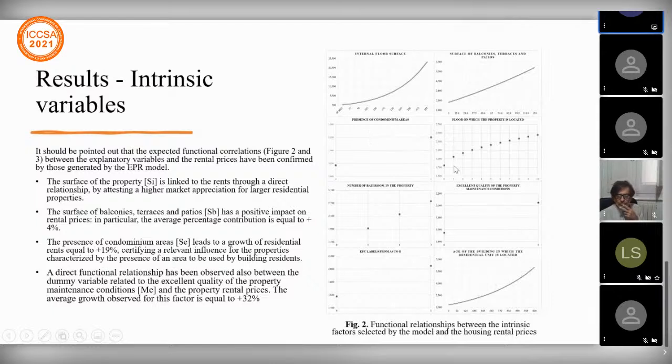There's also a direct functional linkage for the floor in which the property is located, as we expected. A particular thing that is important to highlight is that, at this moment, the maintenance status of the flat, of the apartment, is very appreciated. So there is a direct linkage between the excellent maintenance status and the rental price.